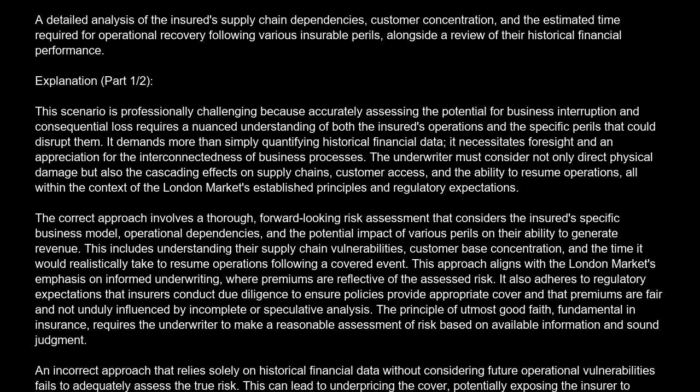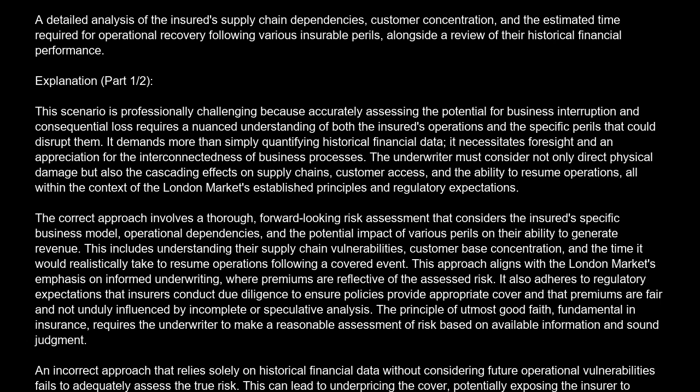The correct approach involves a thorough, forward-looking risk assessment that considers the insured's specific business model, operational dependencies, and the potential impact of various perils on their ability to generate revenue. This includes understanding their supply chain vulnerabilities, customer base concentration, and the time it would realistically take to resume operations following a covered event.